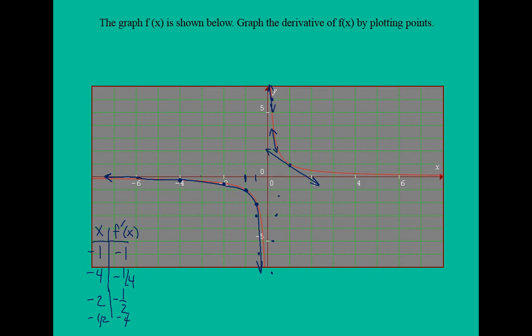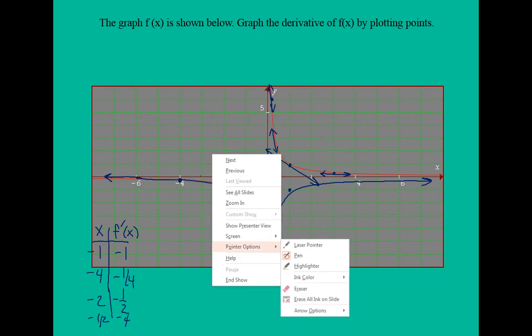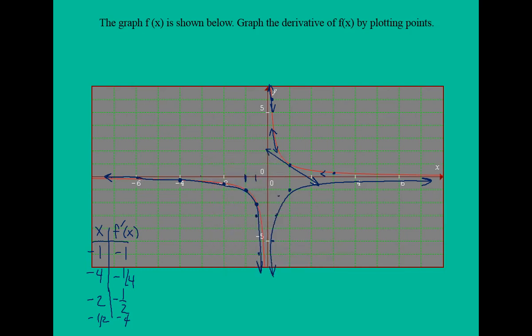And then here at 1, it appears that that may be a slope of -1. So we'd have 1, -1. And if we looked at values, let's say x equals 3, we can see they're becoming less negative and approaching 0. So we could draw in our derivative graph that would look something like this. So that would be the graph of our derivative.